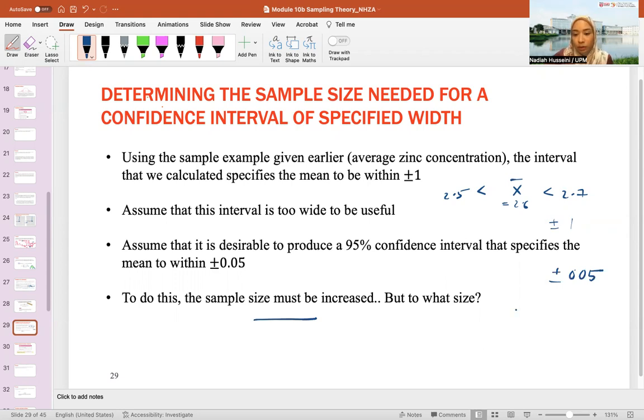So remember, our equation for the interval is sample mean plus or minus z alpha over 2 times the standard deviation over square root of n. Let me write this somewhere else.